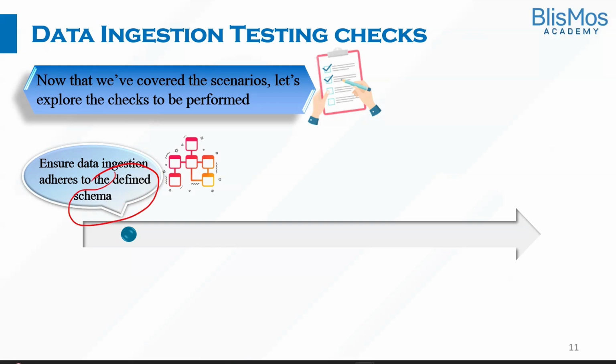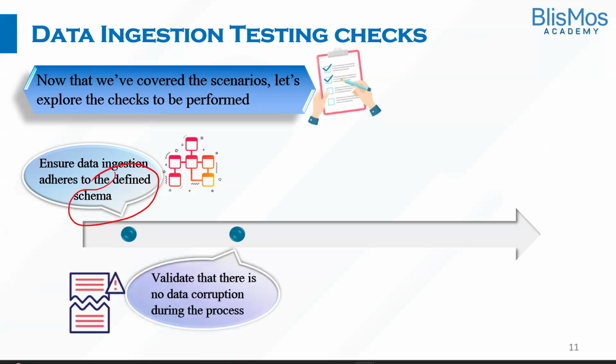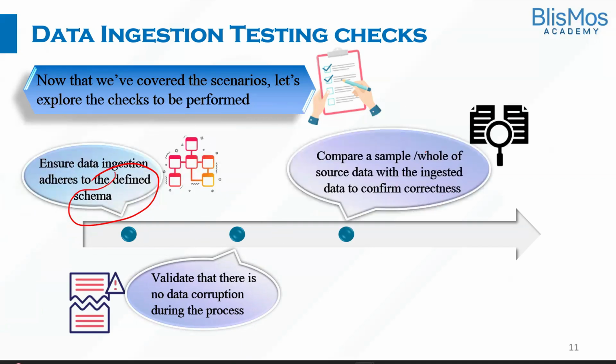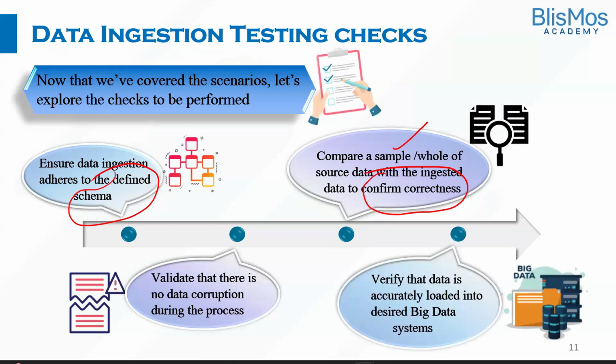That is the first thing we have to do. Then validate if there is any corruption in the data. Then compare some part of the data or the whole data with the ingested data to confirm whether the data is correct or not. Then verify that data is accurately loaded into the desired big data systems.